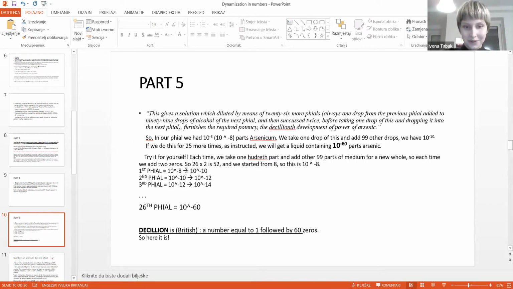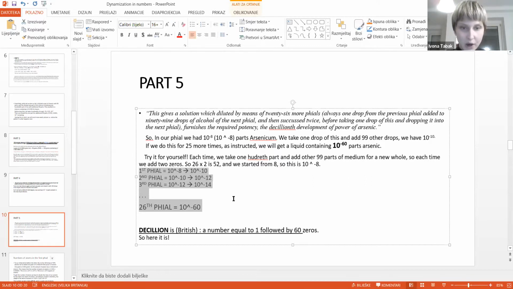I don't want to repeat all of this that is written, but if you try it for yourself, it's actually very simple math. So we started with a vial that had 10 to the -8. We have 26 vials. With each vial, it gets diluted by 10 to the exponent of -2.